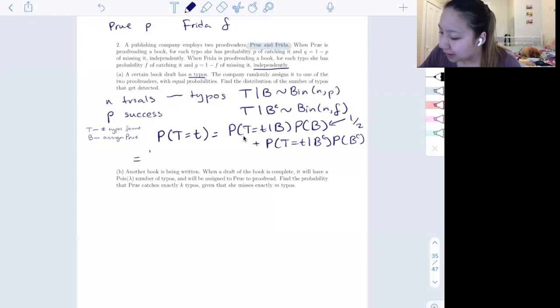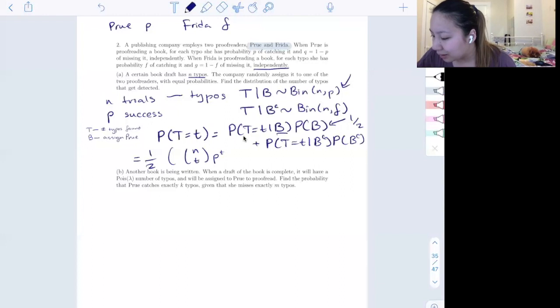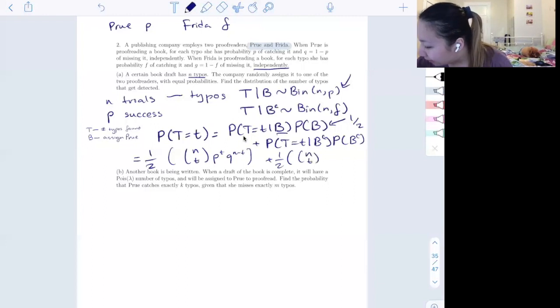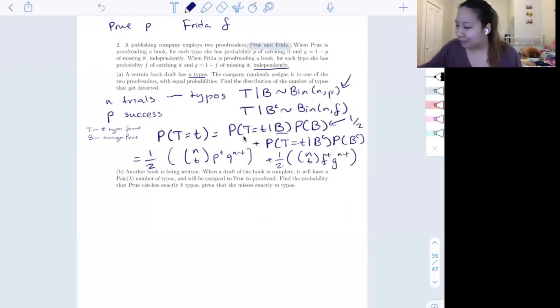So this is going to be 1/2 times the PMF conditional on B, which we know is binomial n, p. So we're going to have the binomial PMF there, n choose t times P to the t, and then Q to the n minus t, plus 1/2 times n choose t, F to the t, and G to the n minus t. And this is the PMF.